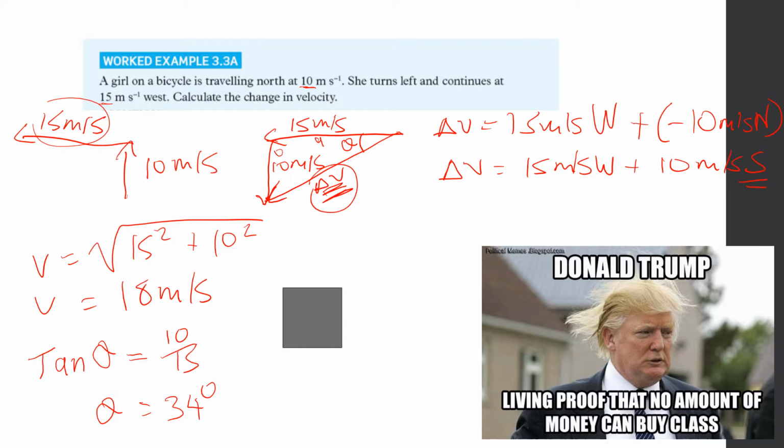So our final answer is the resultant velocity is 18 meters per second in a direction of 34 degrees south of west, and we're able to understand that direction because of this method we've done here in subtracting vectors.